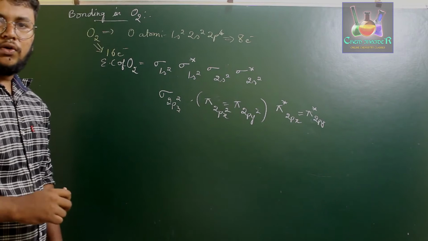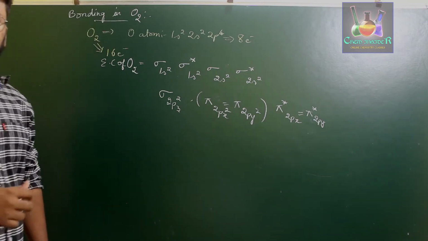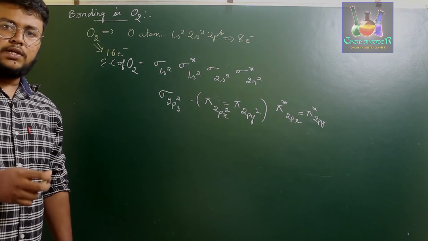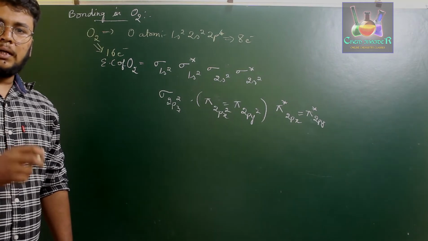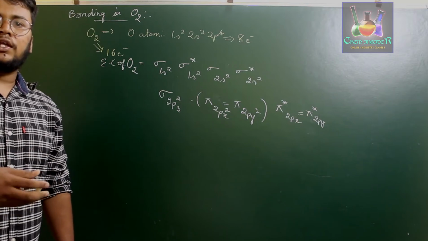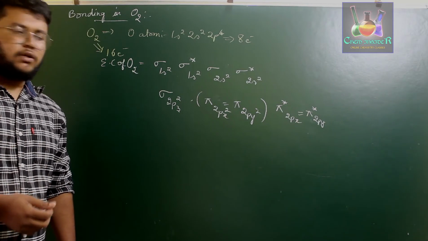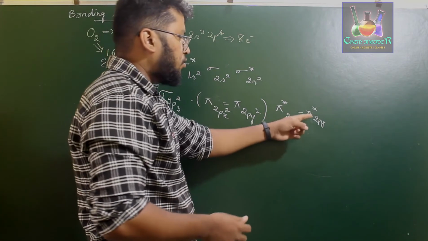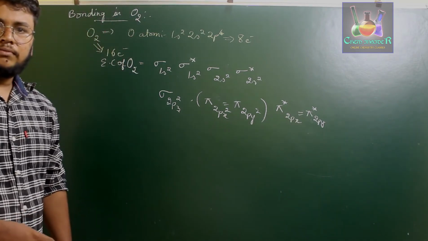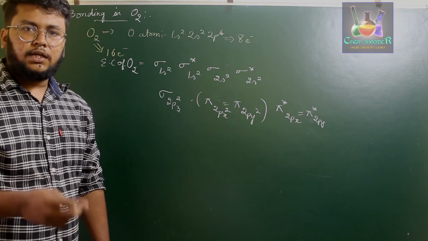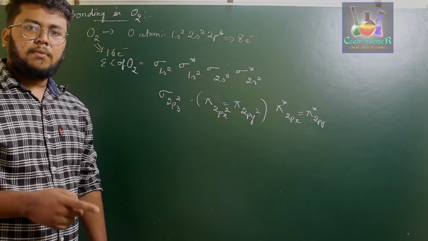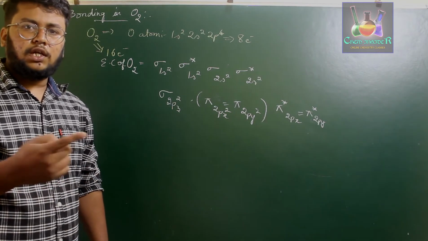Now, according to Hund's rule of maximum multiplicity, an electron should first occupy orbitals of the same energy singly before it can enter a higher energy orbital. So considering pi star 2px and pi star 2py, both have the same energy, and the 2 remaining electrons will not pair up until the degenerate orbitals with the same energy are singly occupied.